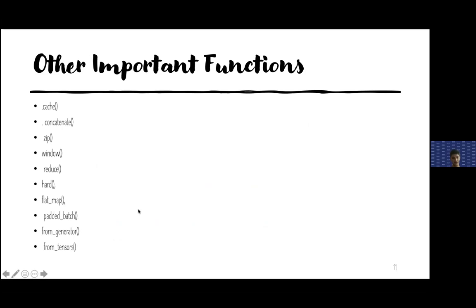Here are some other important functions that weren't dove into that deeply, but I just wanted to mention. The cache function will save a data set into memory. This is not necessarily useful because if you cache a really large data set, you're going to use up all your memory. You can concatenate data sets together, so if you have 2 data sets and you want to join them, you can.